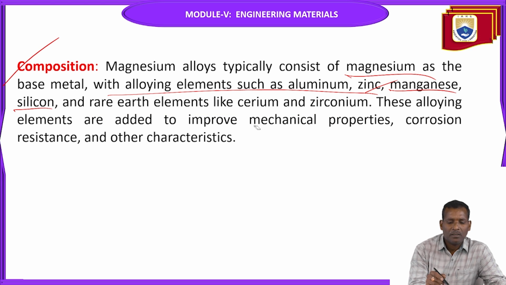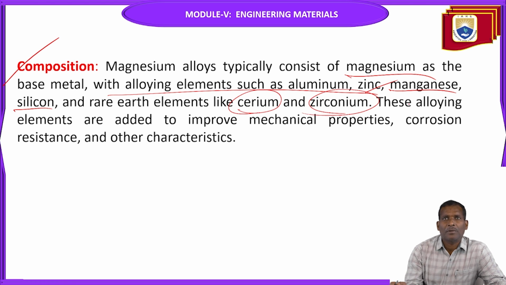These two are very rare materials, cerium and zirconium. These alloying elements are added to improve mechanical properties.